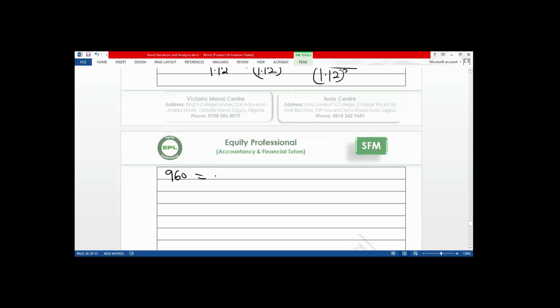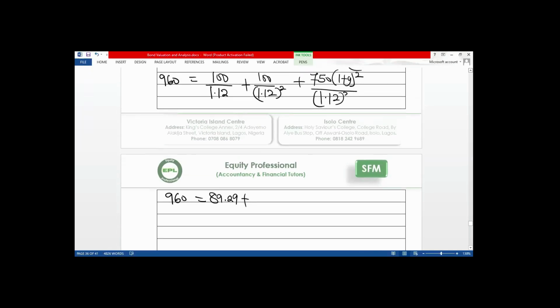Plus, next, 100 divided by 1.12 raised to power 2. What do we have? 79.72. Then the last one.